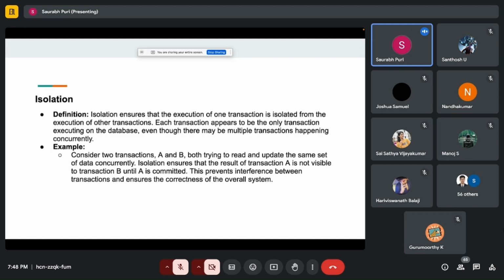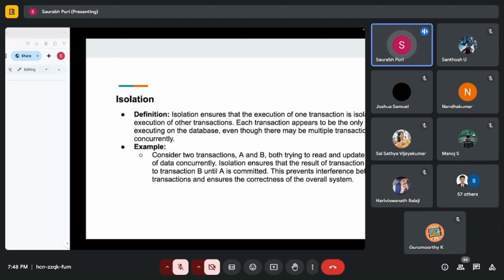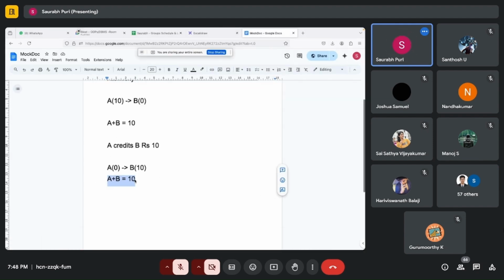Now talking about isolation after consistency, right? Isolation basically ensures that your transaction is isolated from other operations executed by other transactions, right? What it means to say is, taking the same example, there are different levels of isolation which we will be learning in the subsequent lectures.